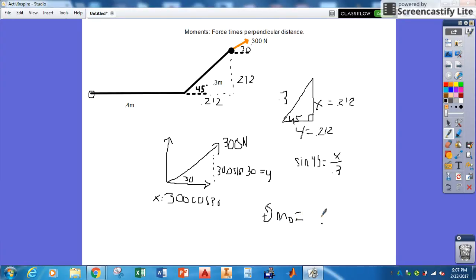I always start out with my x's first. Our x force is right here. It's 300 cosine 30.